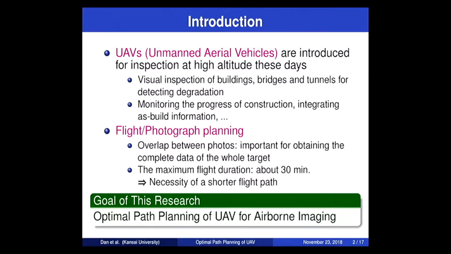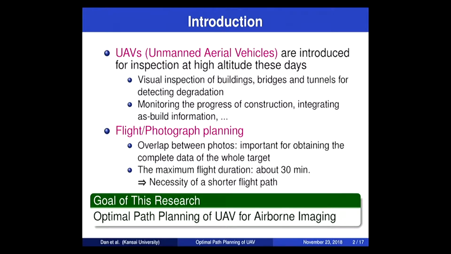It is well known that UAVs can fly and take photos autonomously when UAVs can receive the GPS signal and the photographing target is the surface of the ground. On the other hand, when a UAV flies around large structures, the UAV cannot receive the GPS signal.